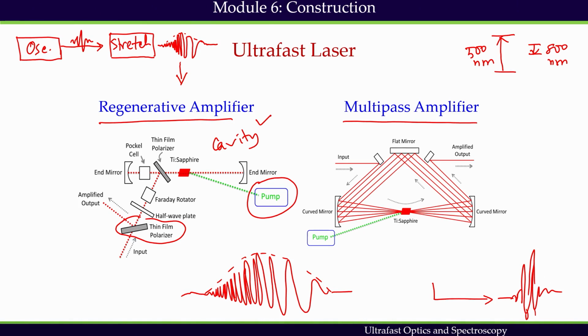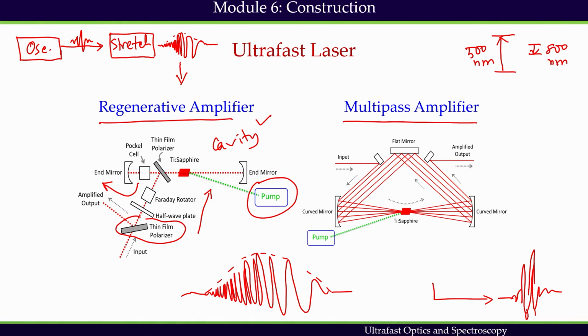The pulse then makes many round trips through the gain medium, at which point the high energy pulse is switched out by a second time gated polarization gating. So one time gated polarization is used to introduce the pulse, then a second is used to take the amplified pulse out of the cavity.